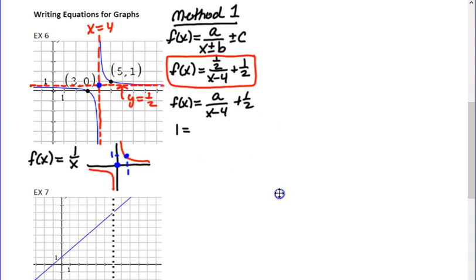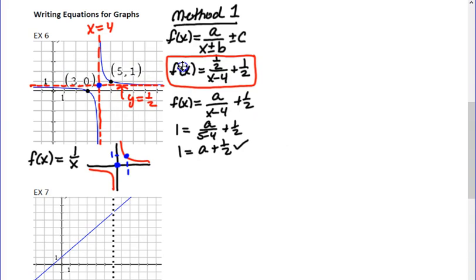I have 1 equals a over 5 minus 4 plus 1/2. So 1 equals a divided by 1, which is just a, plus 1/2. 1 equals a plus 1/2, so a has to equal 1/2. So that's a check on this.